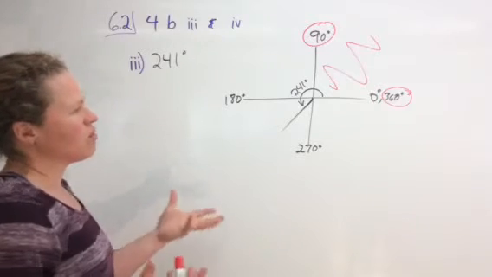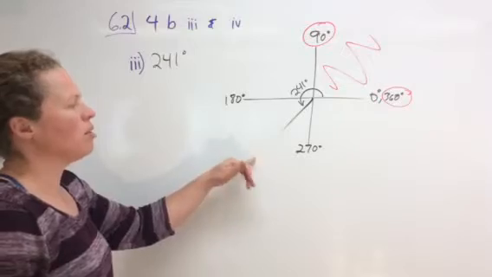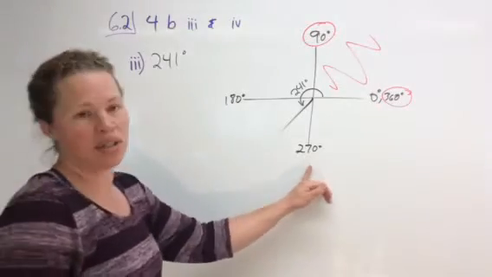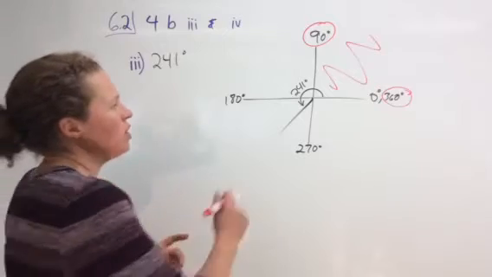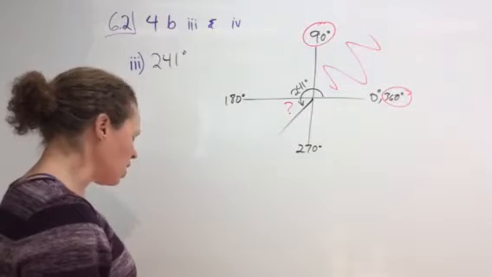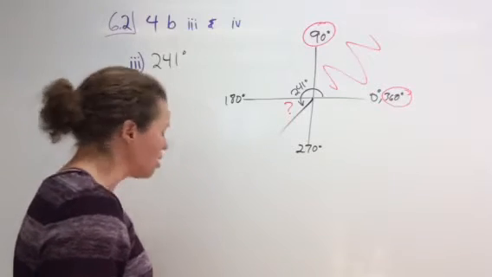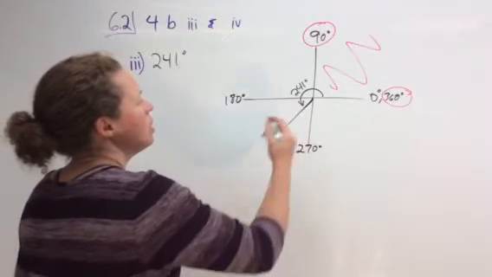Well, if I just roughly sketch out where 241 degrees is, it's got to be in quadrant 3 because this is 180 and this is 270, right? They go by 90 degrees. So what I want to do is find this guy right here. In order to do that, let's see here, maybe we'll use a less obnoxious color.